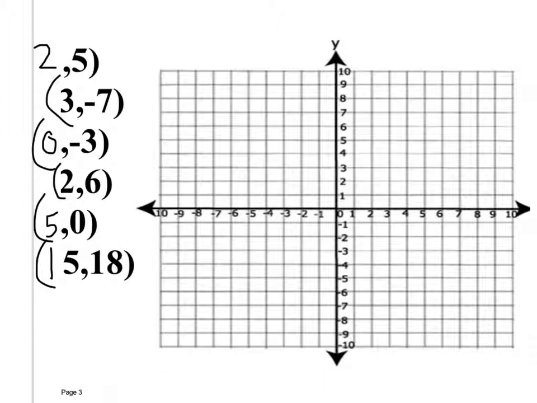You know where 2, 5 is. 3, negative 7 is. Alright, I'm going to graph these. You need to check to make sure you graph them in the same spot. 2, 5. 3, negative 7. 0, negative 3.